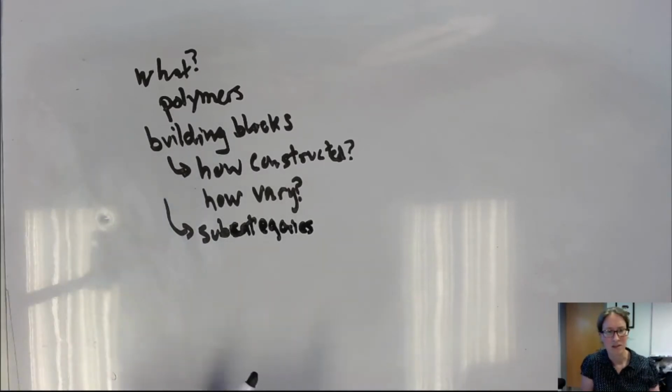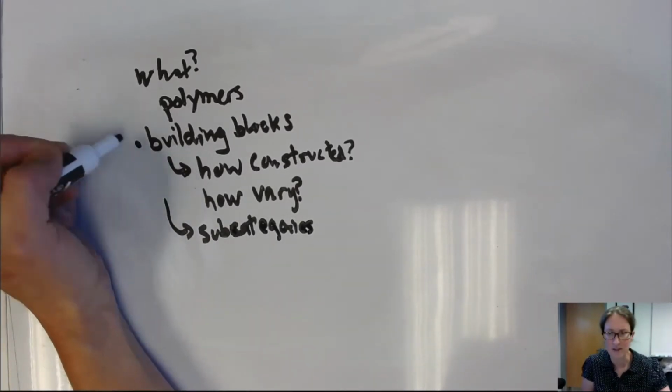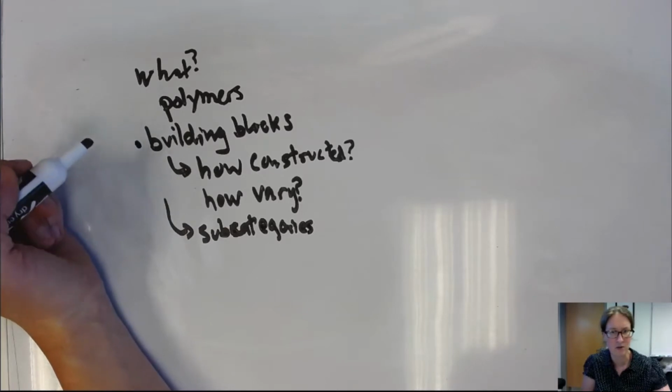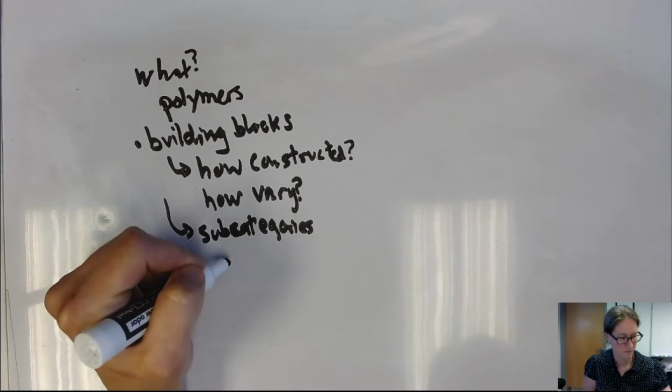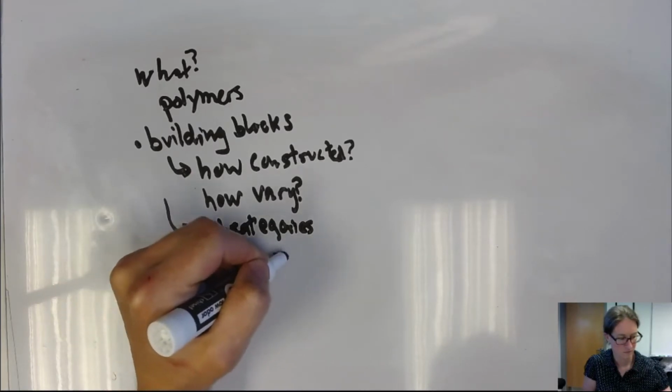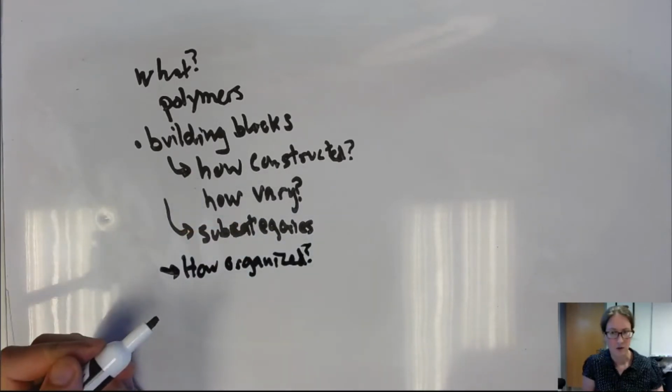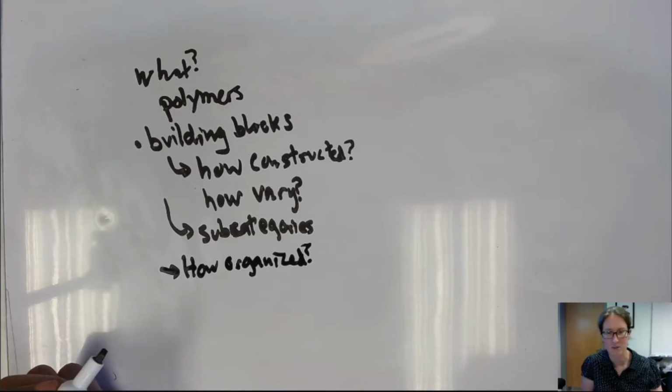So once we know something about those individual building blocks, we're then going to want to examine how those building blocks get organized. So how are they chained together, and what are the consequences of that?